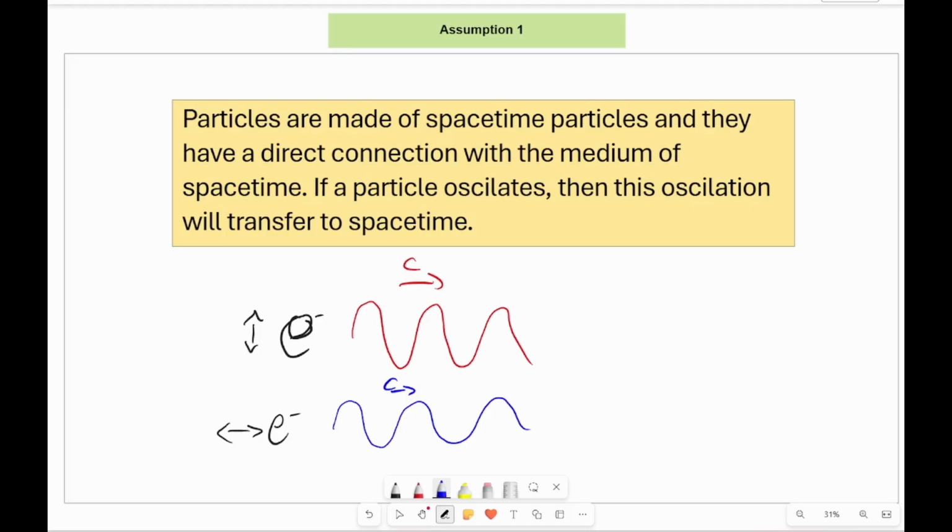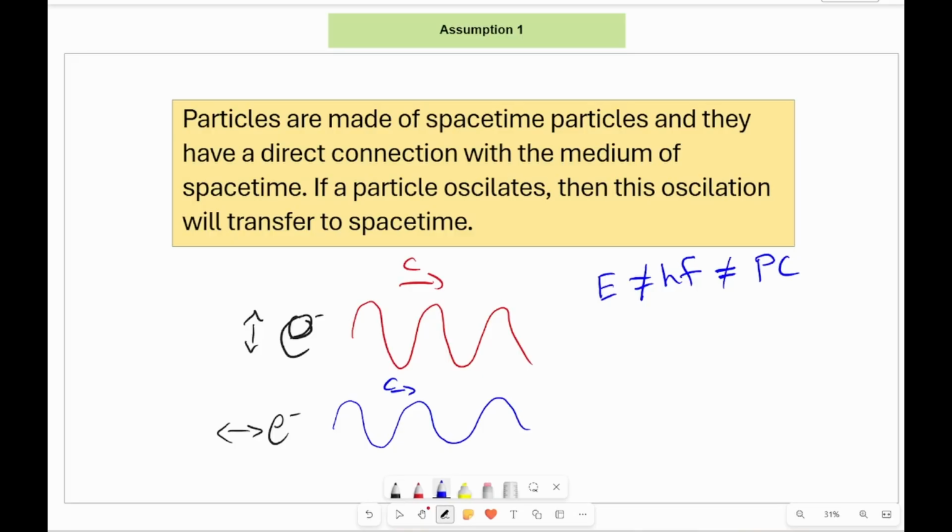Now, I think everybody loves this equation. But this is only for photons. So we're going to be making waves, but those waves don't have to follow this relationship because it's just a wave.